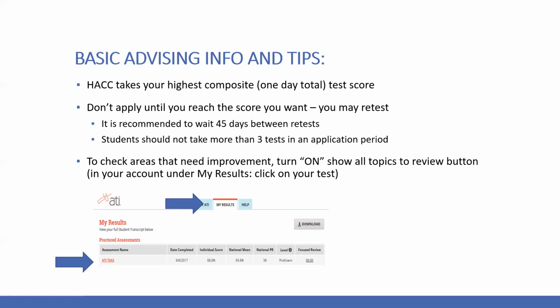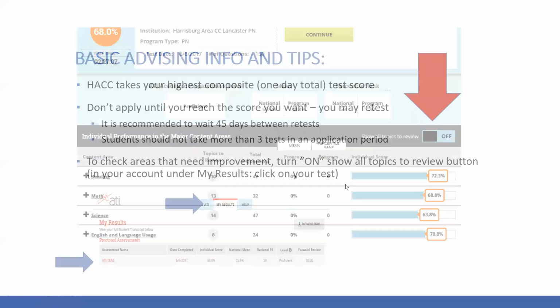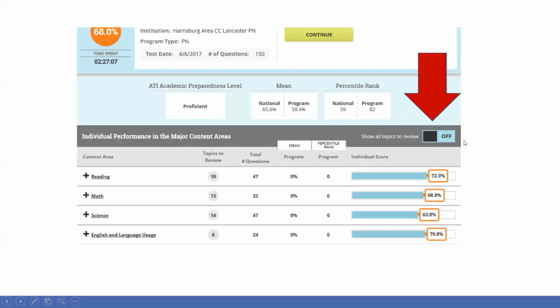And then if you have taken the TEAS and want to review your scores so that you can remediate very specifically, ATI gives you a great report. You'll click on My Results. You will click on here where it says Show All Topics to Review, and it will show you the 4 areas. Your topics to review, percentages for this particular student.